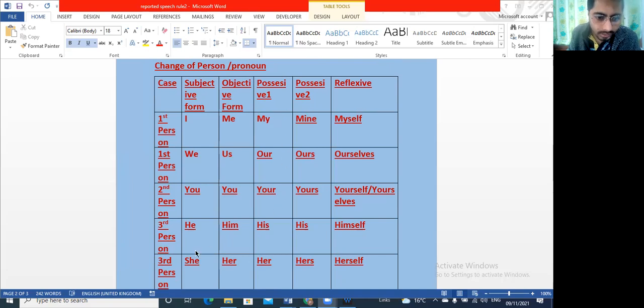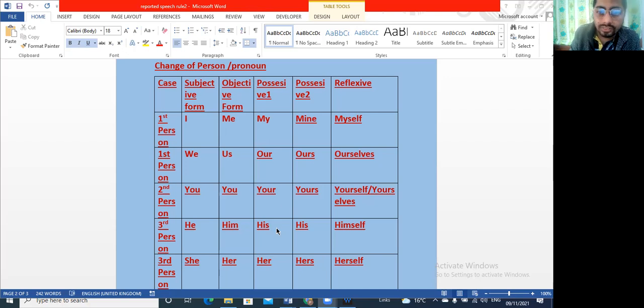So when we talk about he, subjective case, what is its objective form? Him. What is the subjective possessive case of he? His. What is the objective possessive case of he? His, the same one.